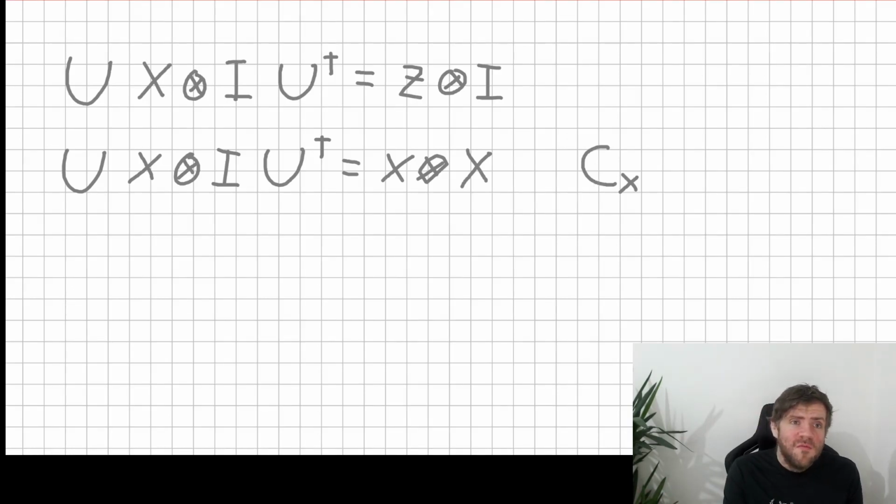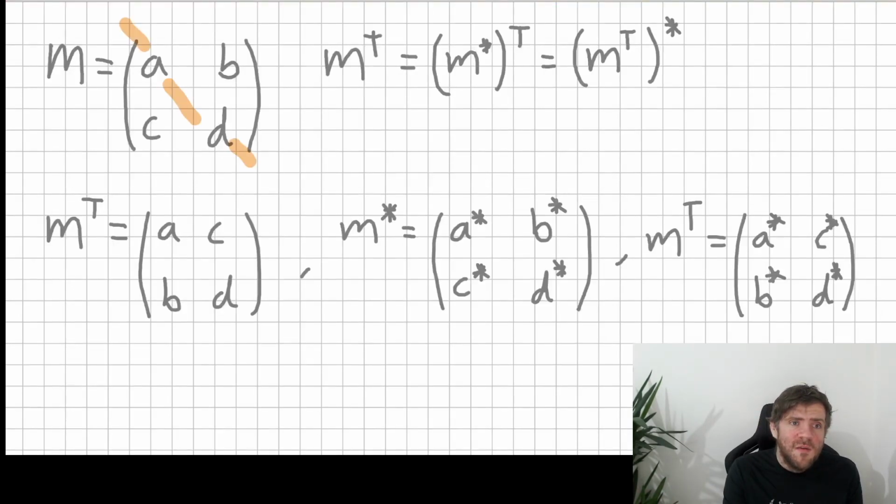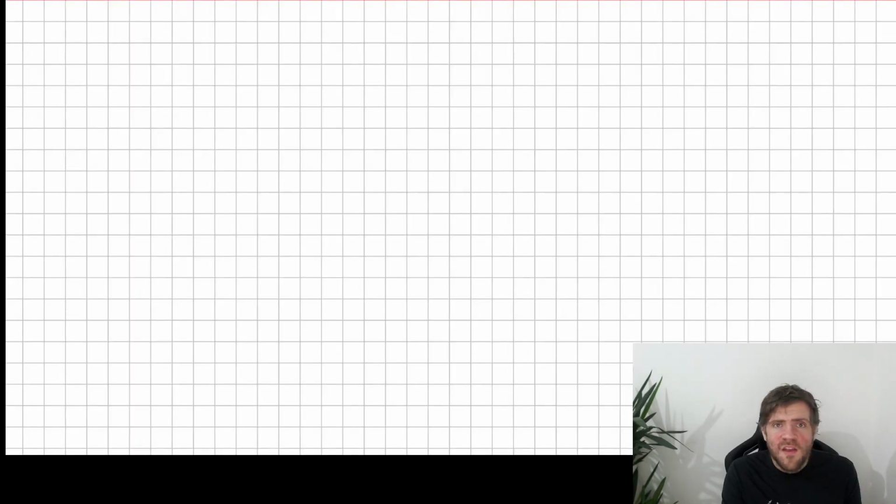And another example of an important family of gates is the non-Clifford. Oh, I should note, first of all, that another set of examples of Clifford gates are the Paulis themselves.